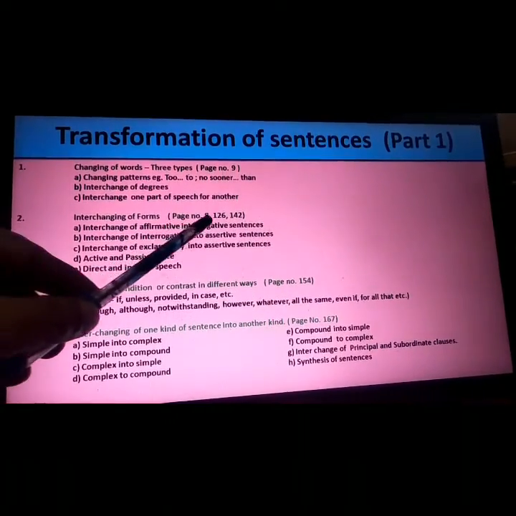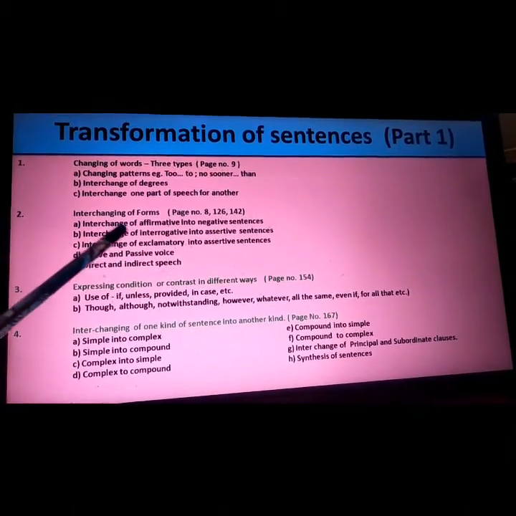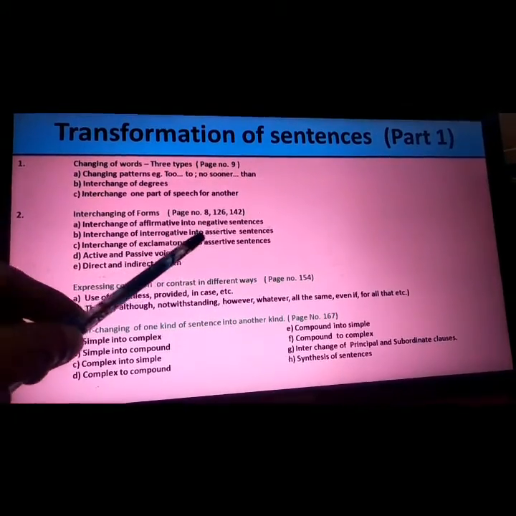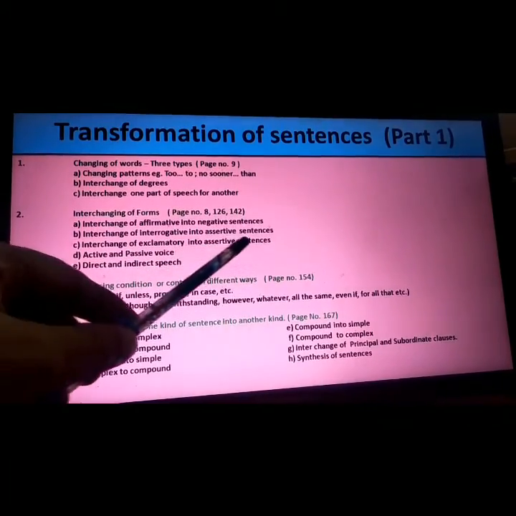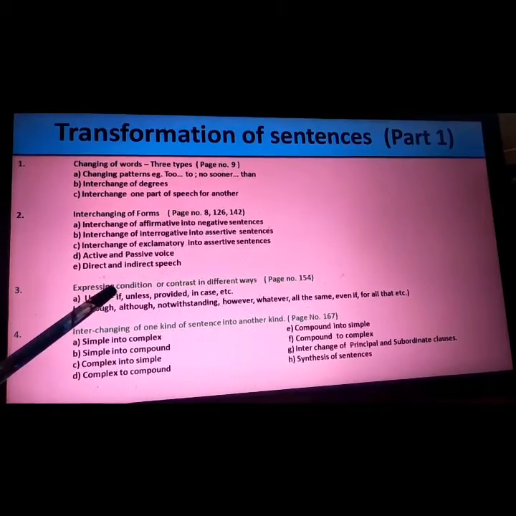Interchanging of forms, page number 8, 126 and 142. Interchange of affirmative into negative sentences, interrogative into assertive sentences, exclamatory into assertive sentences, active and passive voice, direct and indirect speech.